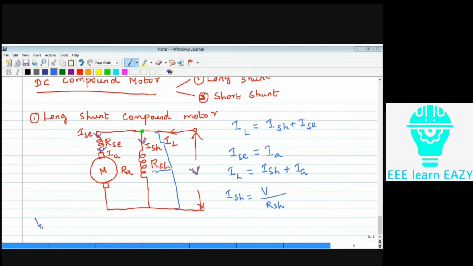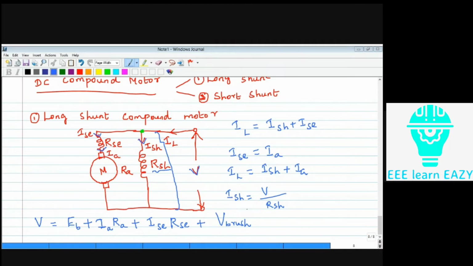V will be equal to the back EMF plus the drop across the armature winding IA RA, and along with the armature we have the series field winding, so we have to add the drop I series R series, plus if there is any brush contact drop we have to take that also into account, V brush. So V is equal to EB plus IA RA plus I series R series plus V brush.